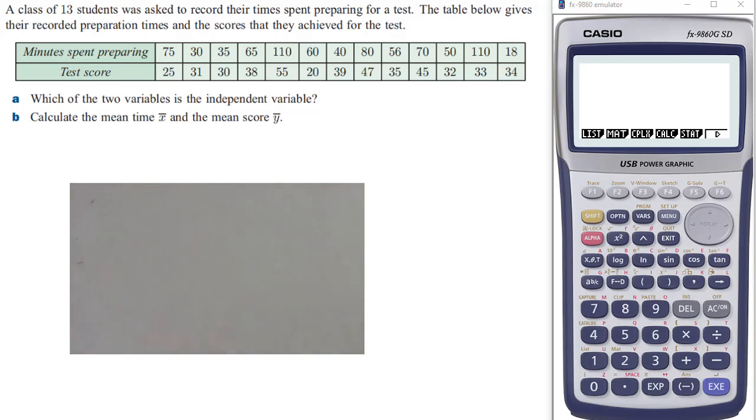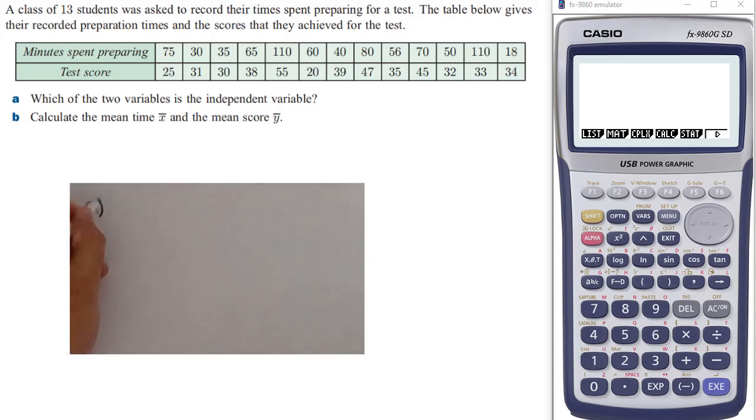The second one doesn't really make sense, surely. You would hope that the more time you spend preparing, as long as you prepare properly, that should make your test score better, certainly in most cases. So that would mean that the independent variable is the minutes, so that would need to be the x variable.